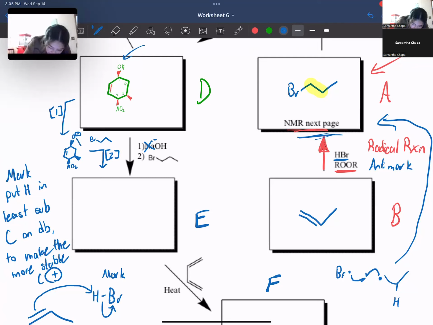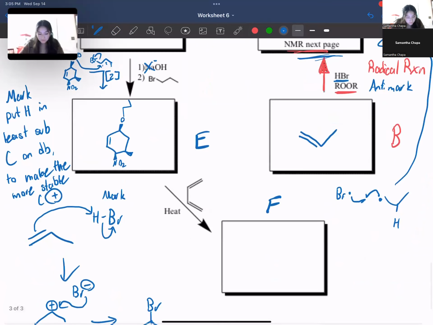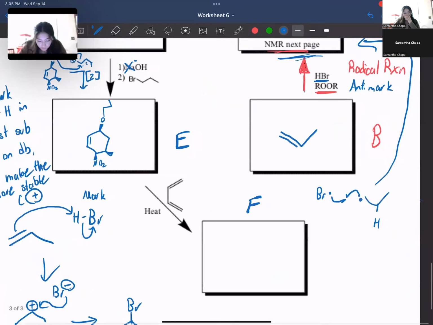So my nucleophile is going to come in, attack my electrophile, and pop off the leaving group. This will be my new product. Keep everything the same. This has a total of 1, 2, 3 carbons, so make sure that you don't drop any. There you go. Okay.